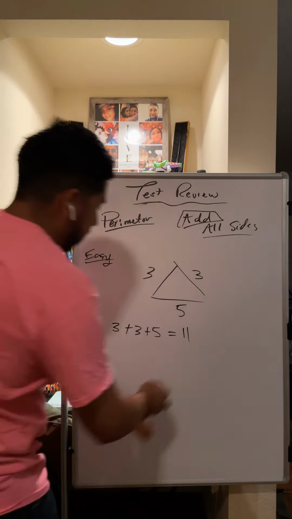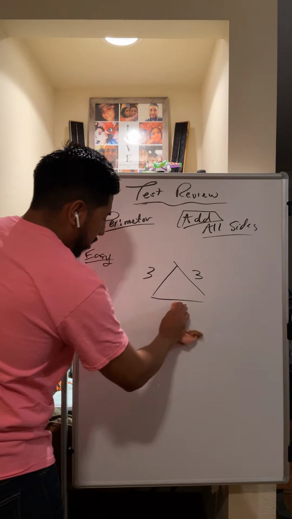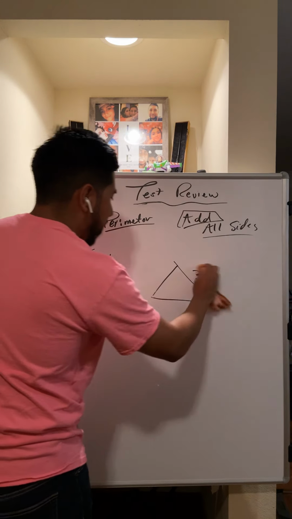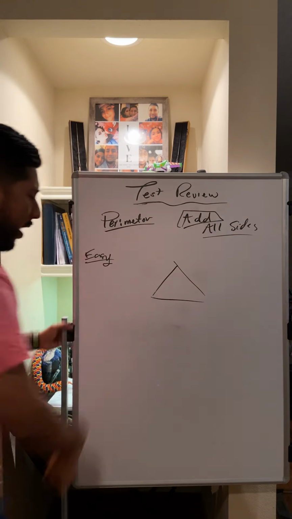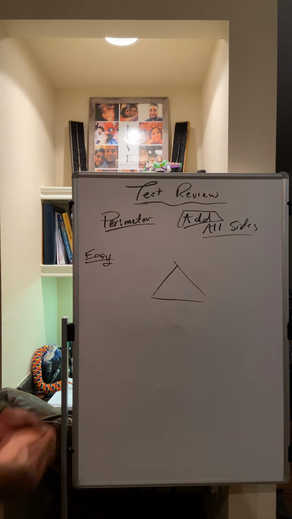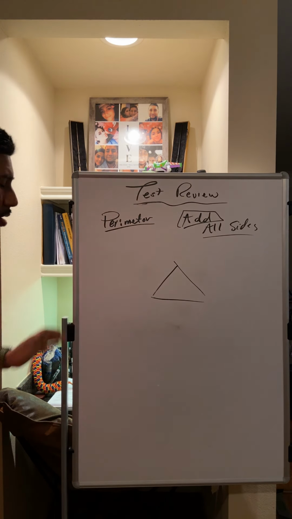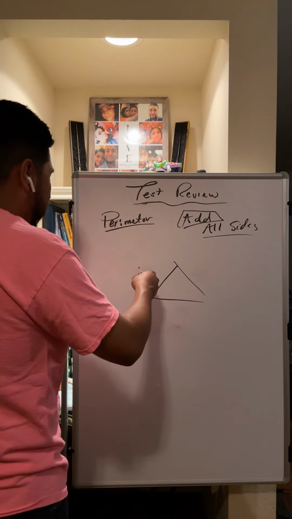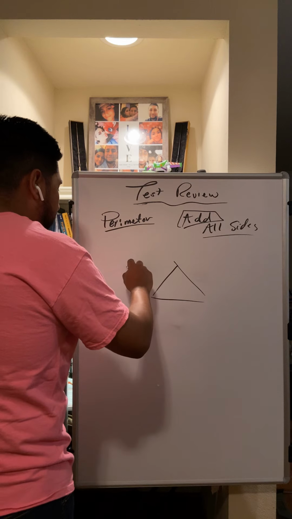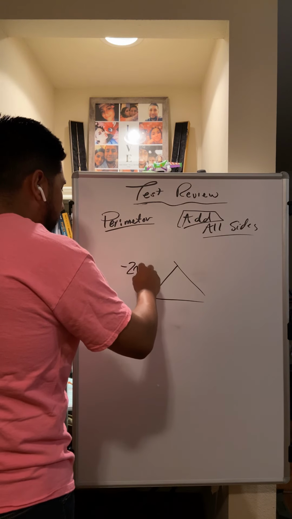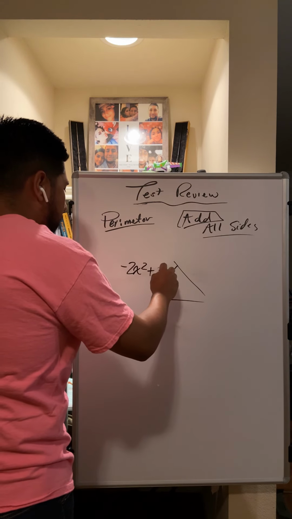You're going to want to make sure that you add all the sides. Same example, let's make it a little more difficult. We got negative 2x squared plus 3.